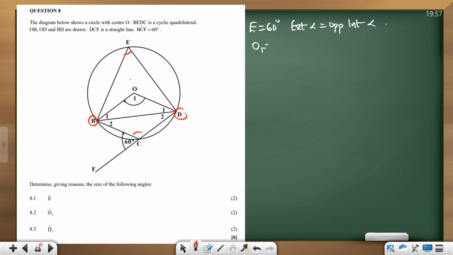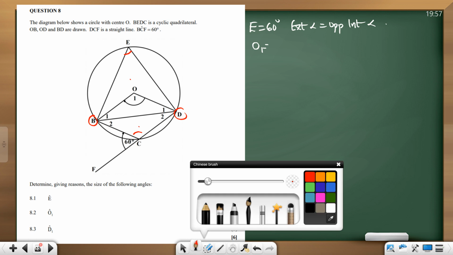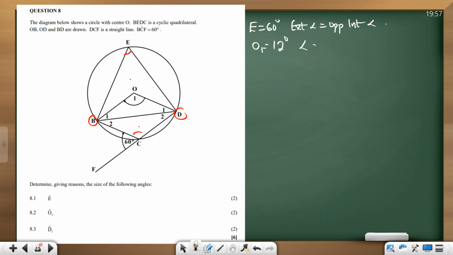This is the major segment. This is the minor segment. All right, quickly. I've got 1 minute. What is O1? Angle at the center. 120 degrees. Angle at center is equal to what? 2 times angle at circumference.